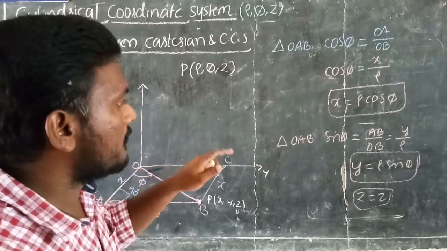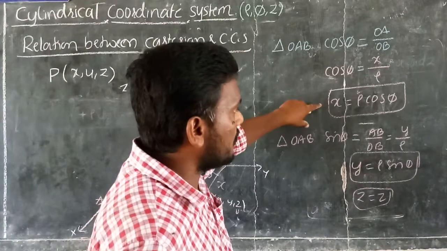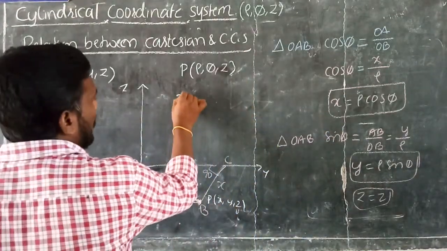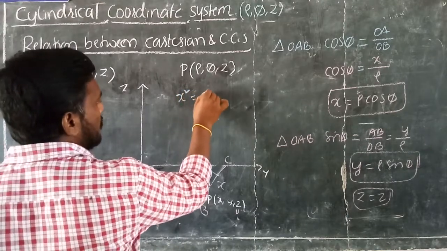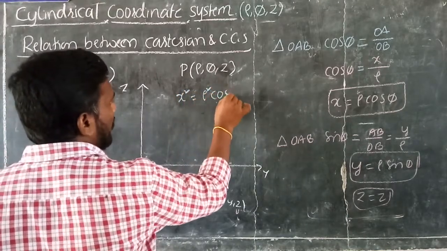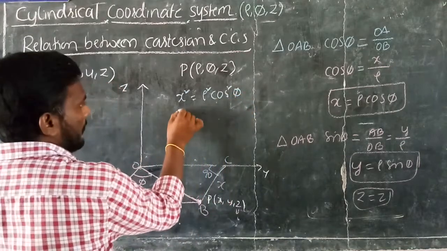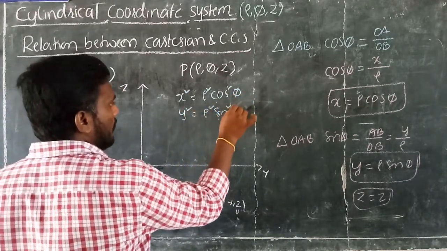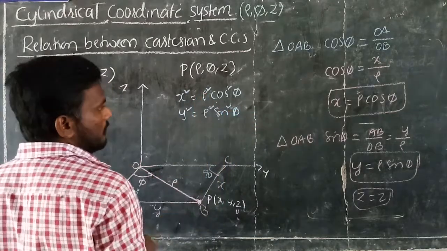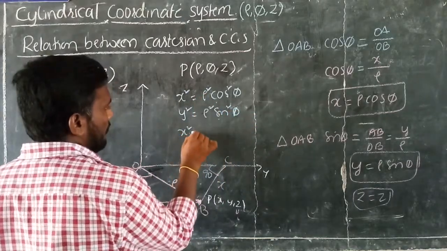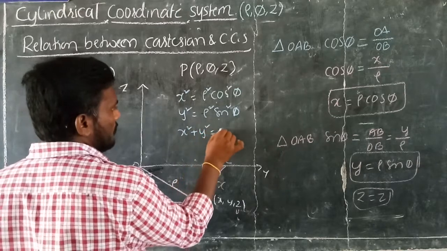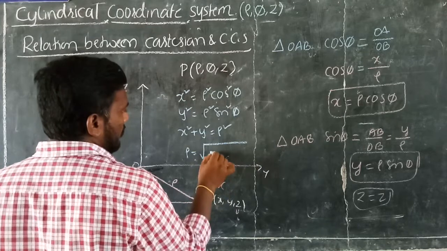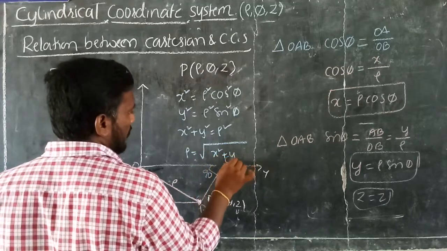Now, to get the relation between the Cartesian and cylindrical systems, just square both sides of these two equations, so that we get x square is equal to rho square cos square phi and y square is equal to rho square sin square phi. If you add these two equations, you get x square plus y square is equal to rho square, or rho is equal to the square root of x square plus y square.